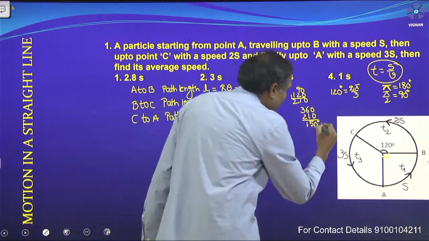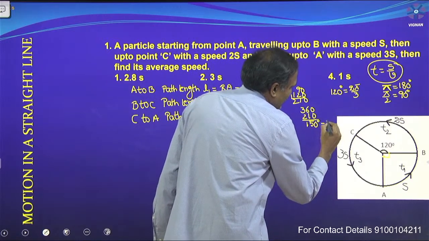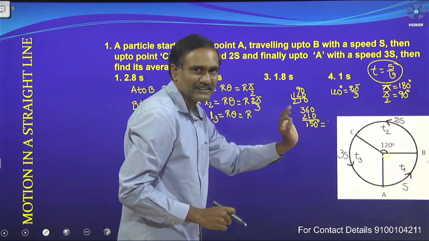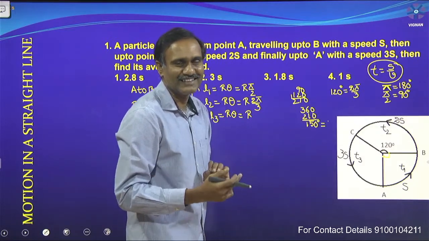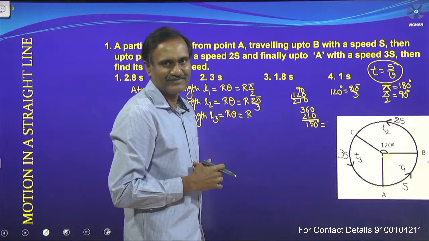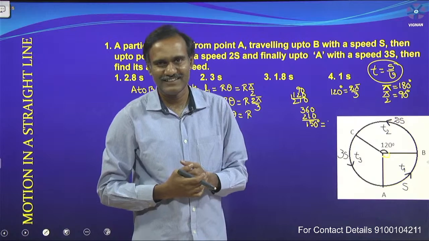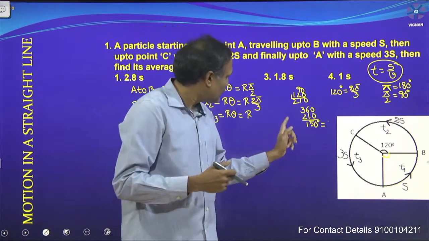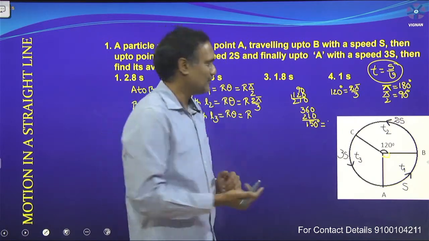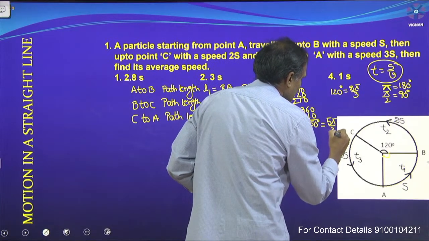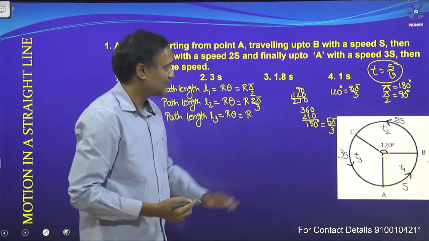But 150 degrees is equal to, I want to say, pi by 6 is equal to how much? 30 degrees. Is it true or not? 180 divided by 6 is 30 degrees. 30 into 5 is 150. Therefore, it is equal to 5 pi by 3. Is it correct or not? Check yourself.